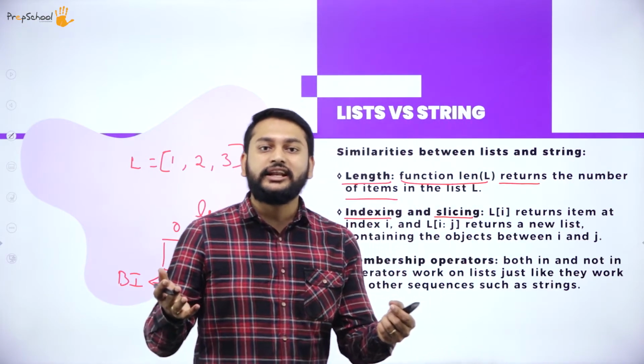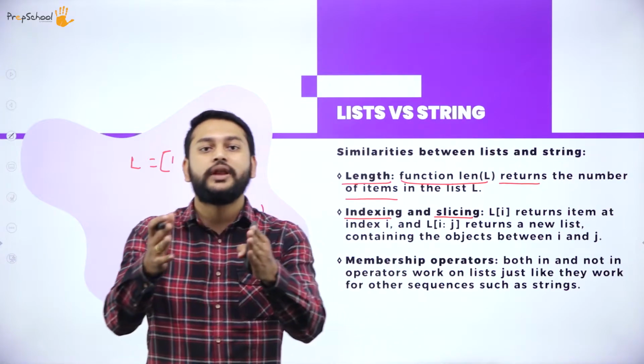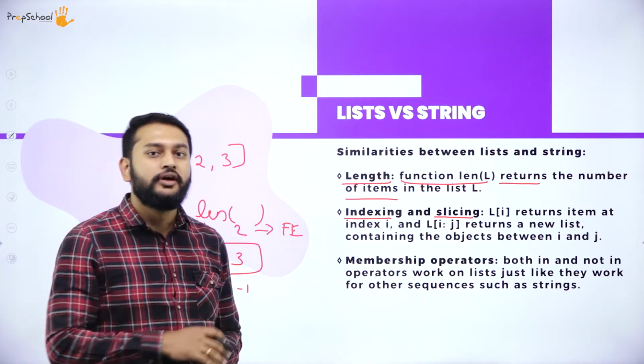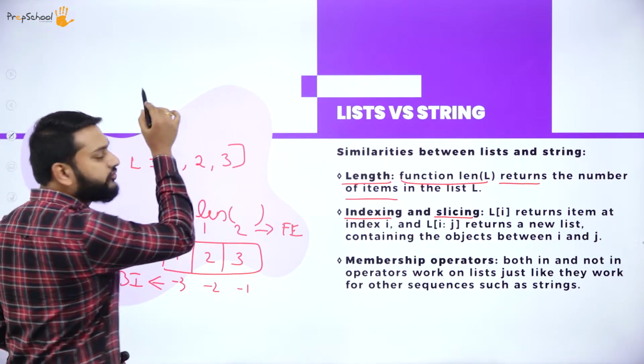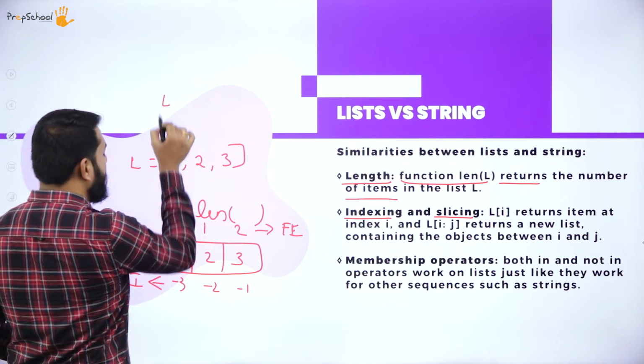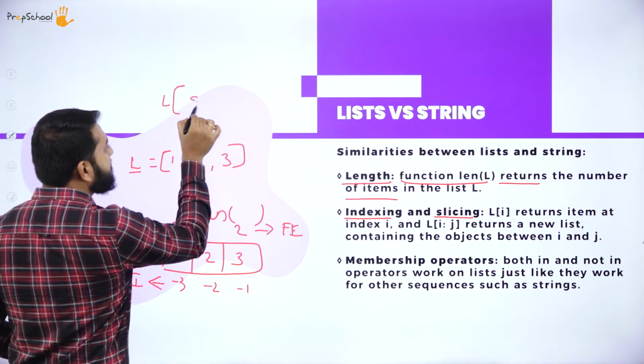The syntax remains the same for slicing for both strings and lists. Can you all recollect the syntax? I have to write the name of the list, so L is the name of the list that I have here. The syntax is start, colon, stop, colon, step.